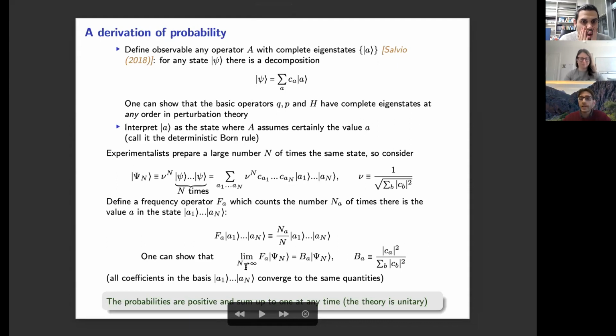So the crucial point now is to notice that in the limit in which n goes to infinity, this psi_n becomes an eigenstate of the frequency operator with eigenvalue precisely given by the Born rule. Okay, so this implies, in particular, that the probabilities are positive and they sum up to 1 at any time. So the theory is unitary.